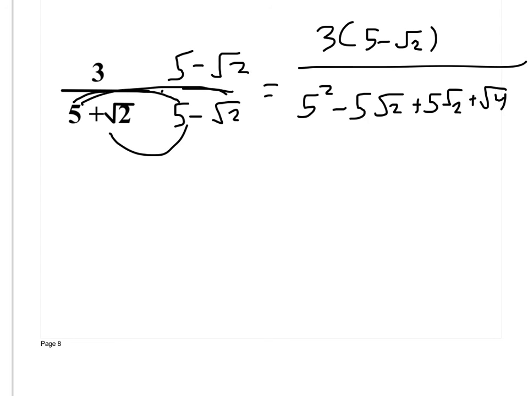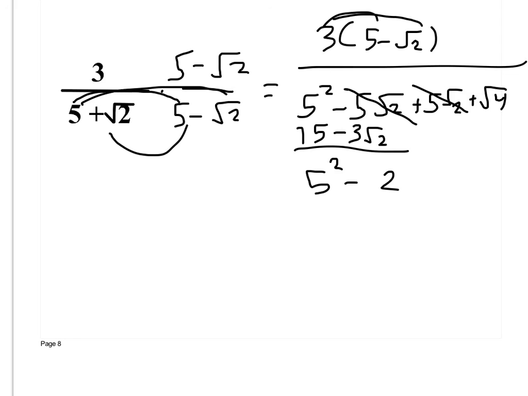So you have opposites right here, negative 5 square root of 2 and positive 5 square root of 2, which cancel each other out. And you're left with this on bottom and this on top, because I just distributed the 3 out.